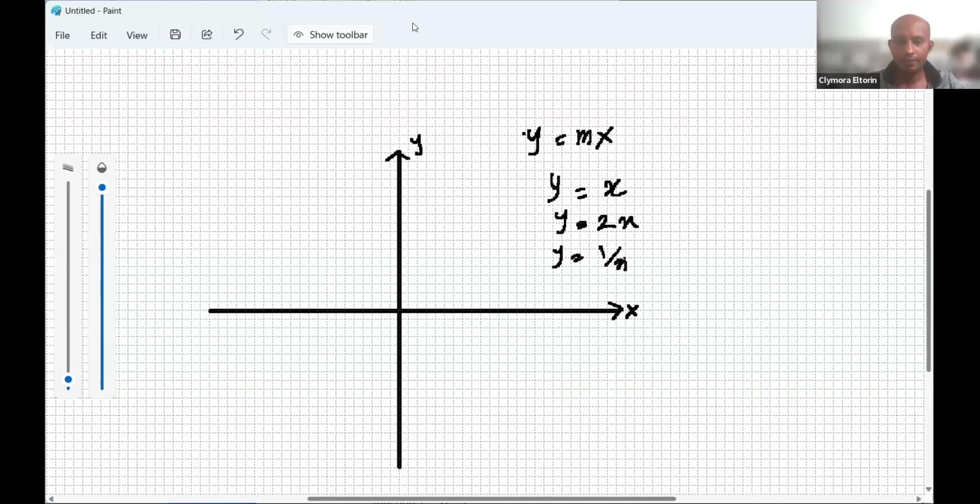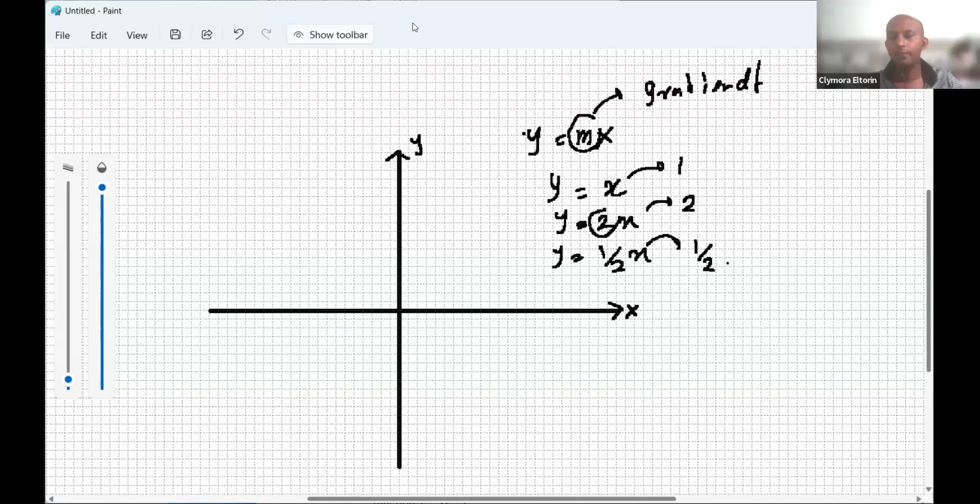In these terms, the letter m denotes the gradient of the graph. So what's the gradient of this one? The gradient is 1. Here, the gradient is 2. What's the gradient here? The gradient is half. These are the things we discussed in the previous session.